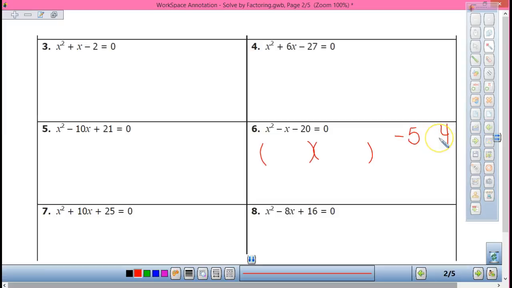Negative 5, positive 4. So my factors are x minus 5 and x plus 4. So x minus 5 equals 0. X plus 4 equals 0. So x equals 5, x equals negative 4.